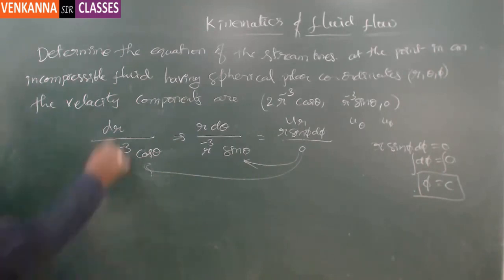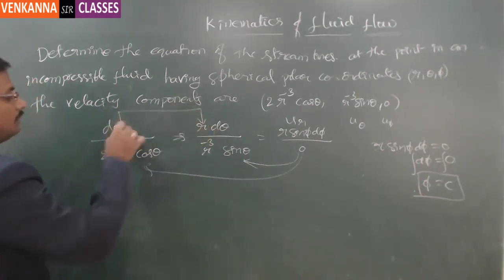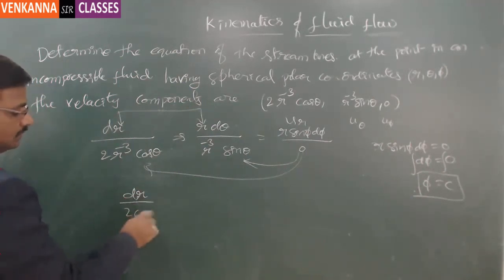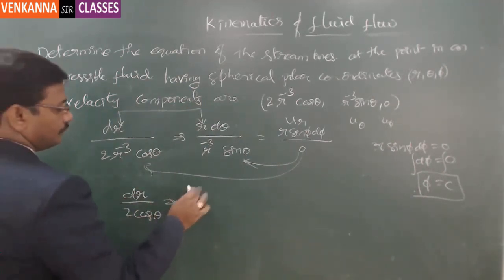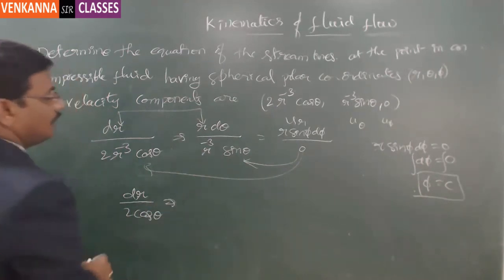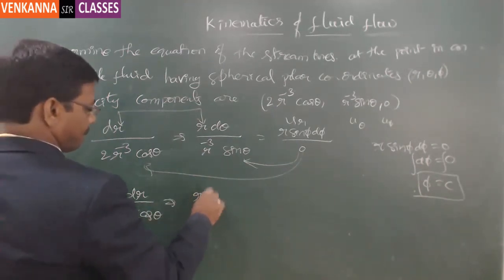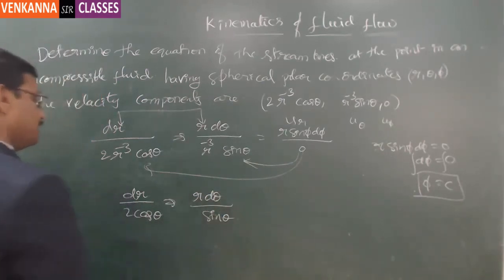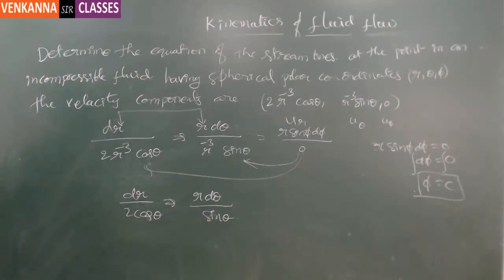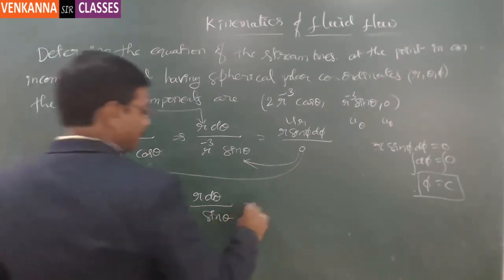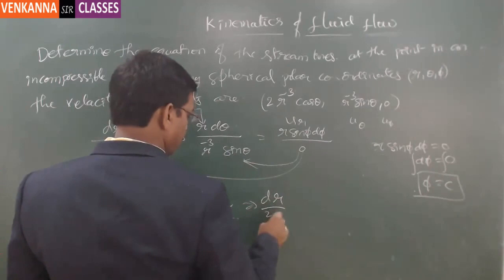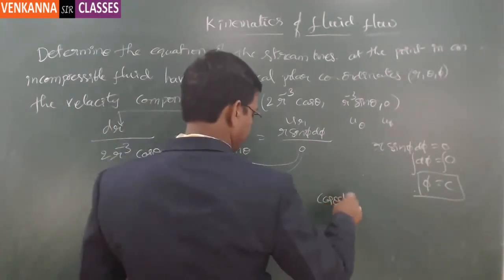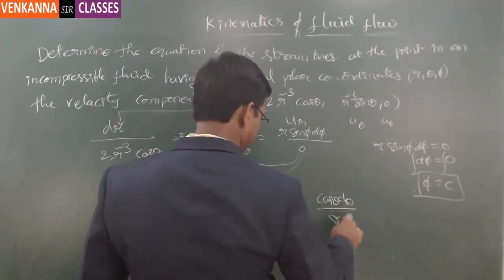And by taking the other two equations together, dr divided by 2 cos theta is equal to r d theta divided by sin theta. Then it will be dr by 2r is equal to cos theta d theta by sin theta.